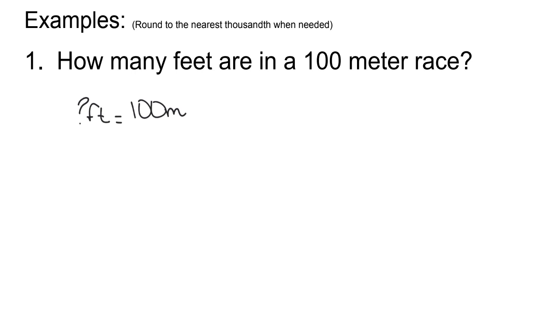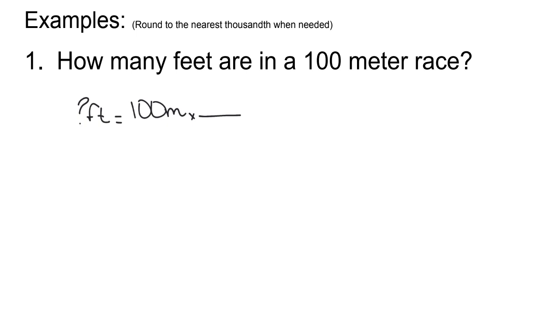In order to convert these, we're going to multiply by a whole bunch of ones, but we're going to make our ones fancy. We want to get out of meters, out of the metric system, and over to feet in the US system.